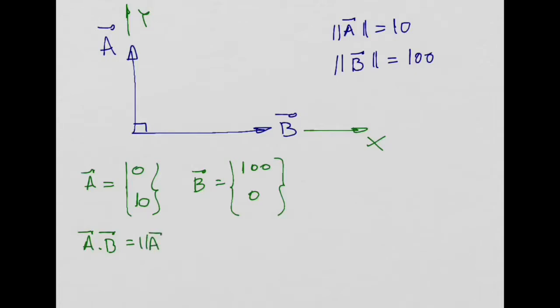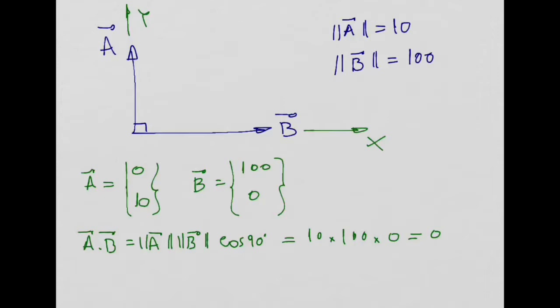If I do now the internal product using the first method, norm of A is 10, norm of B is 100, cosine of 90 degrees is 0, the result is 0.